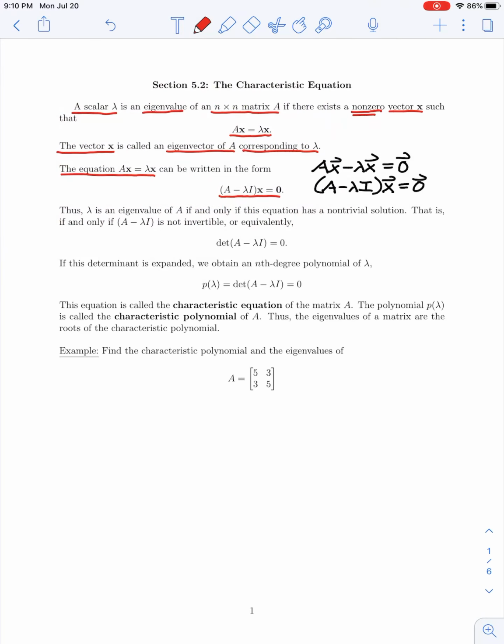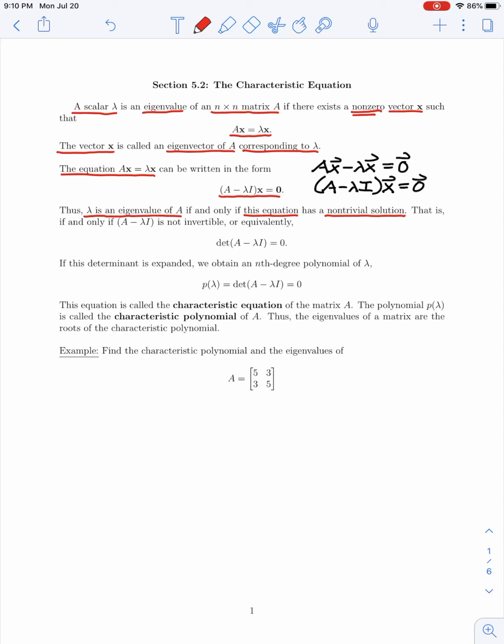To find an eigenvalue, we need this equation to have a non-trivial solution. Recall the definition of an eigenvector is that it has to be a non-zero vector that satisfies this equation. So we would say lambda is an eigenvalue of A if and only if this equation has a non-trivial solution.